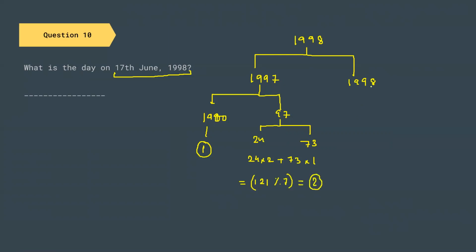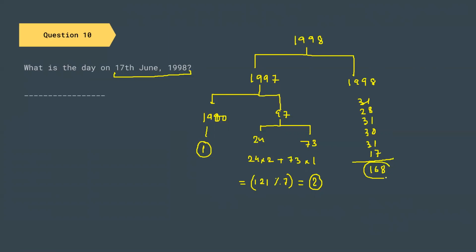Fine. And for 1998, that is 17th June, so 31 for January, 28 for February, 31 for March, 30 for April, 31 for May, and 17 for June. If we add all these numbers, we get 168.